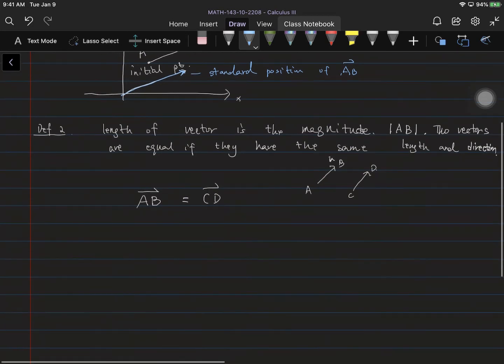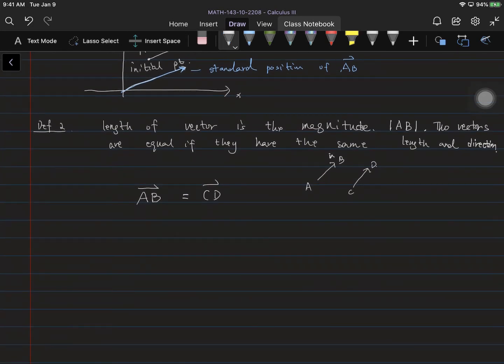Now let's take a look at the notation. How do we write down vectors?